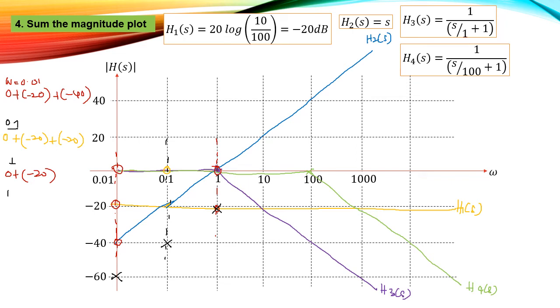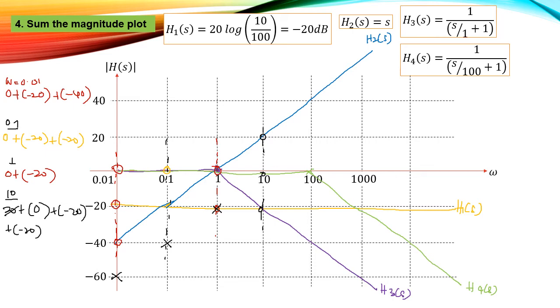At 10, you have crossing at 10, so you have here is 20 plus here is 0 plus negative 20 for the yellow line, and you have another one, the purple one, negative 20 plus negative 20.